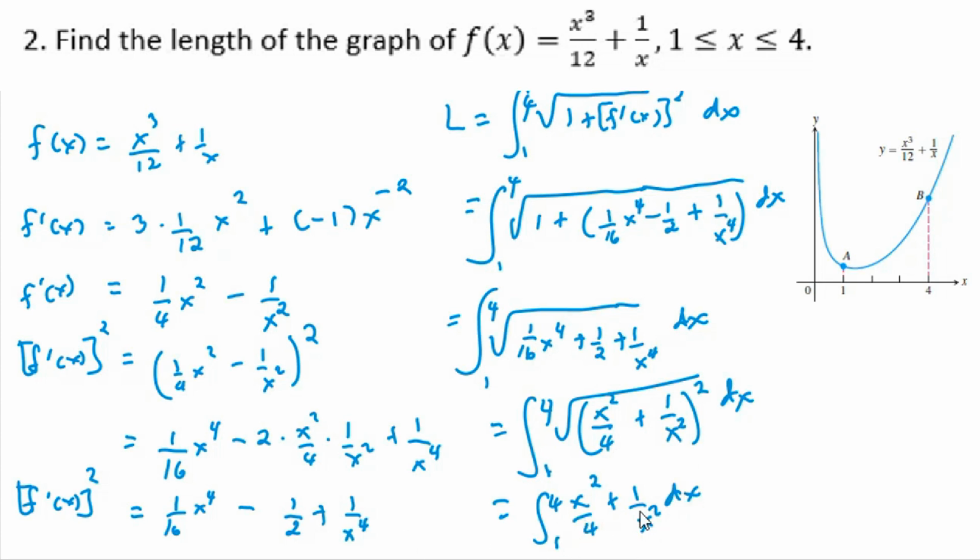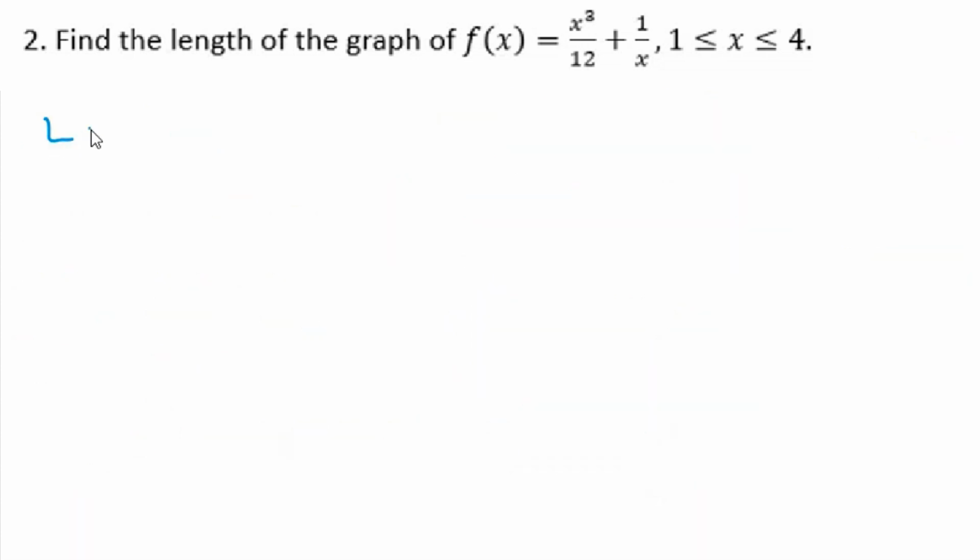So the length is now equal to the integration, which will give us x cubed over 12 minus 1 over x. So the integration of 1 over x squared will give us negative 1 over x. And this will be evaluated from 1 to 4.